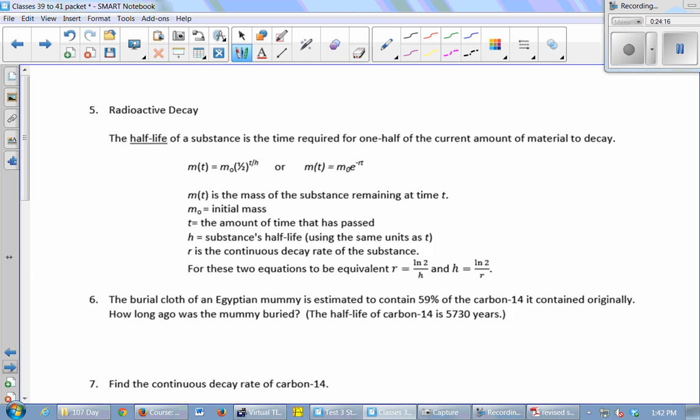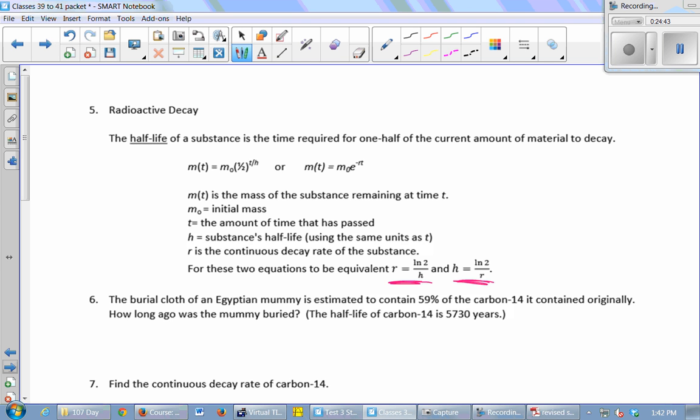So we have two equivalent models, one that has 1/2 as the base and one that has E as the base. And M0 is your initial amount. T is the amount of time that has passed. H is the substance's half-life. And R is the continuous decay rate. And for these two equations to be equivalent, R and H are related by these two equations.